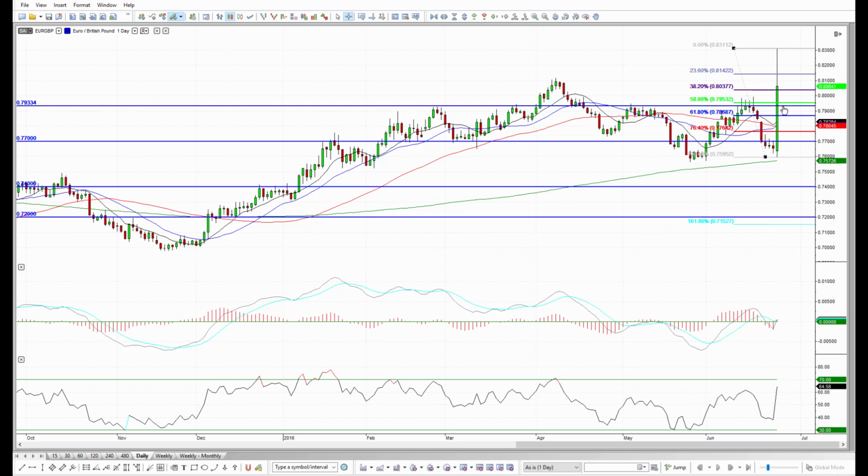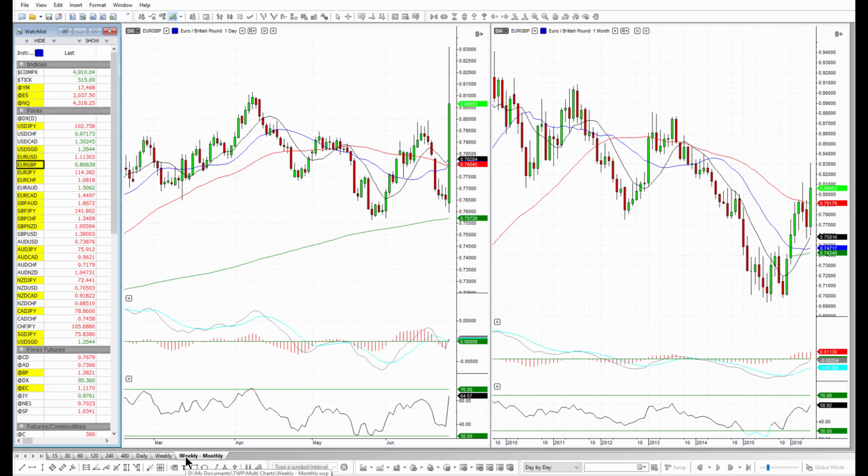A pullback into this area actually clusters with a prior support and resistance structure. Also comes in with the previous high. Also comes in with a 50% retracement of the move. So if you're bullish on the market, looking for retracements back into this area and possible turnarounds for a continued move higher would be a nice area to start to look.